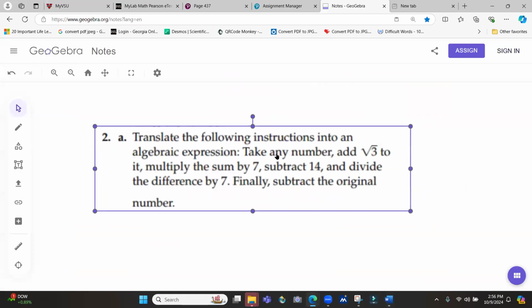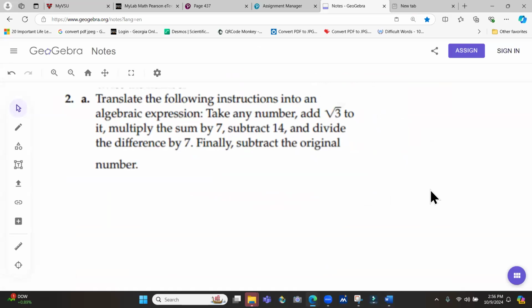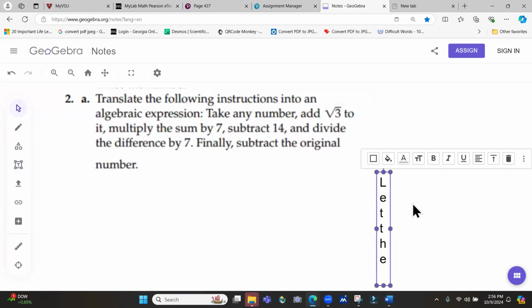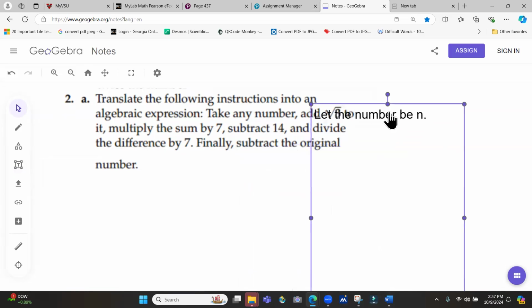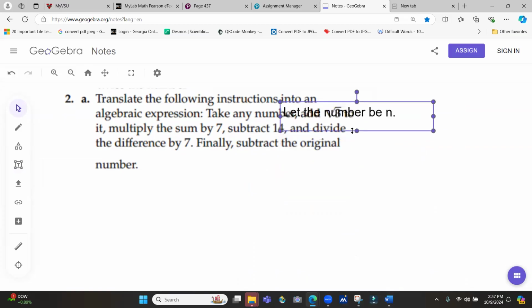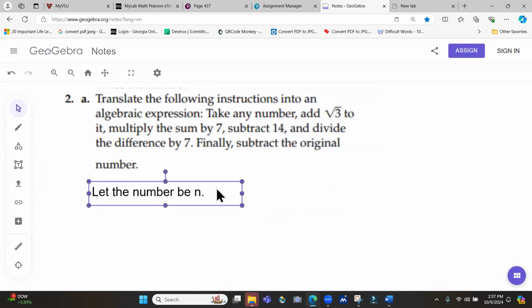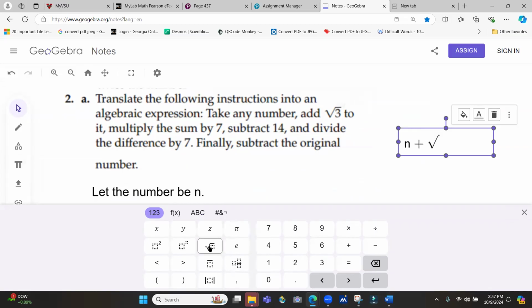Okay, so if the original one was incorrect, we'll do it correctly this time. Translate the following instructions into an algebraic expression. Take any number, let the number be n. I take this number and add square root of 3 to it, so n plus square root of 3.